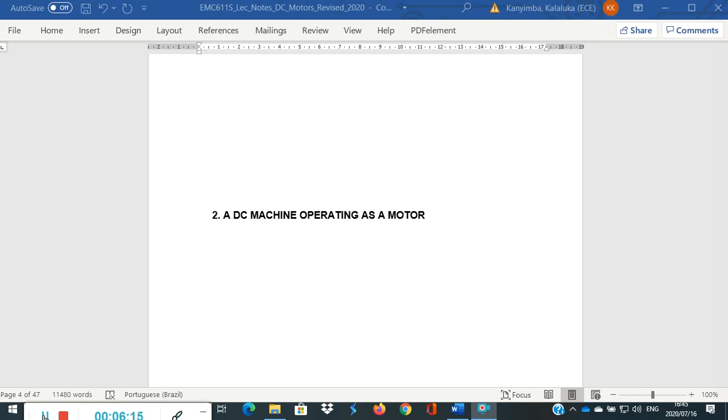The only difference is that in a motor, the generated EMF is less than the terminal voltage, whereas in a generator, the generated EMF is greater than the terminal voltage. Therefore, in a generator, the current and the generated voltage are in the same direction, whereas in a motor, the two are in opposite directions.